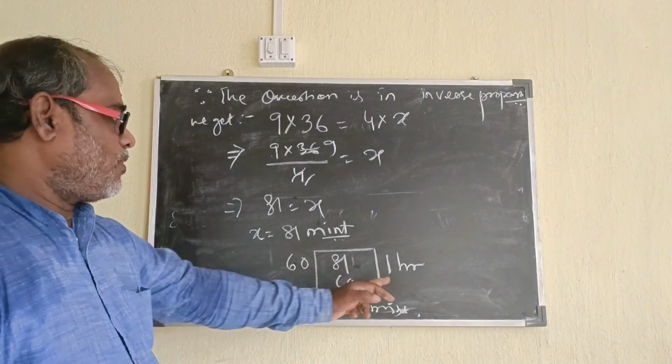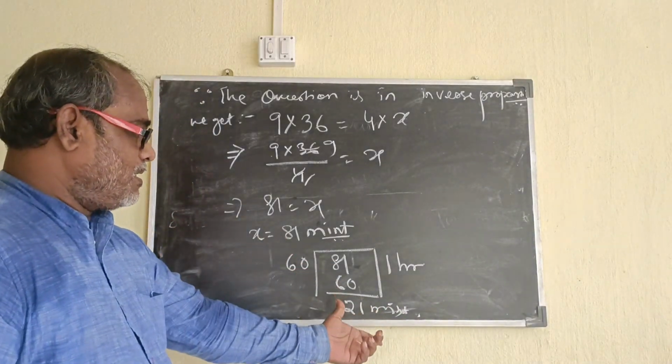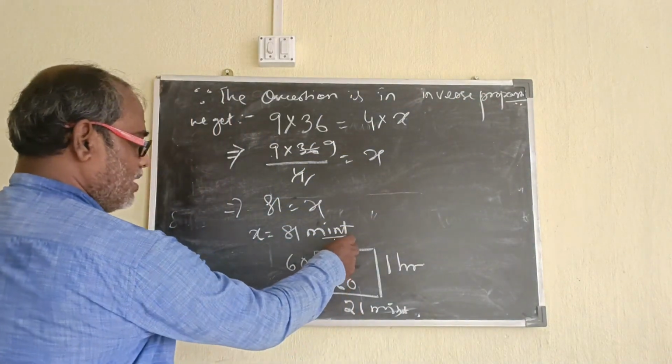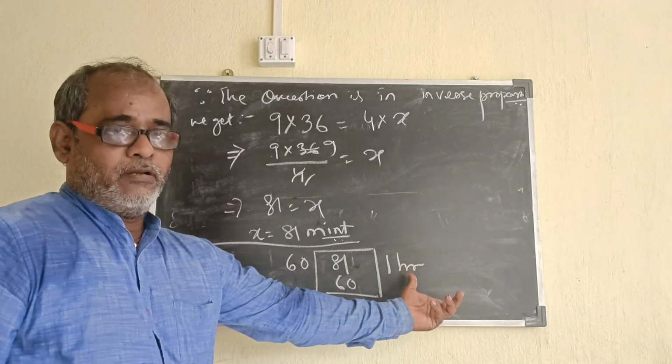So you can write it as 1 hour 21 minutes. If you feel uncomfortable writing in minutes and hours, since the question is given in minutes, you can straight away complete your answer till here. No need of going further.